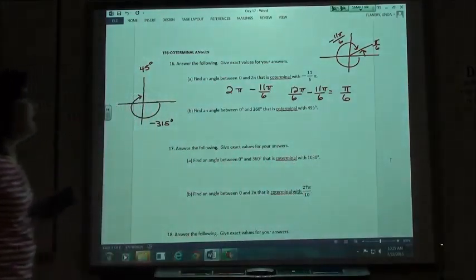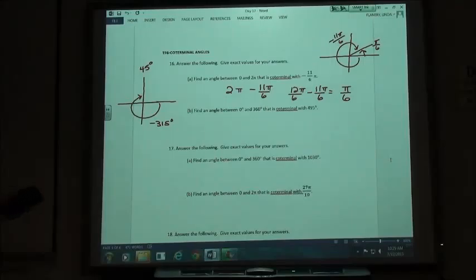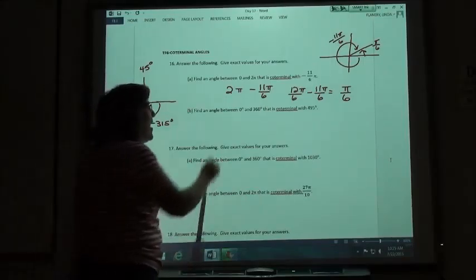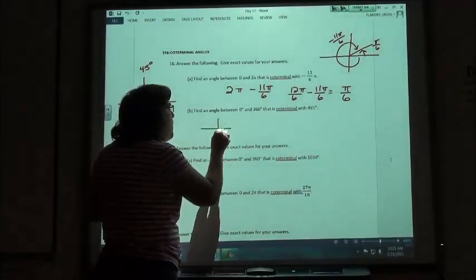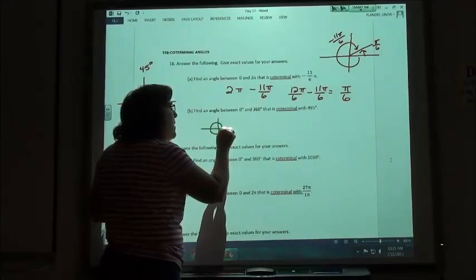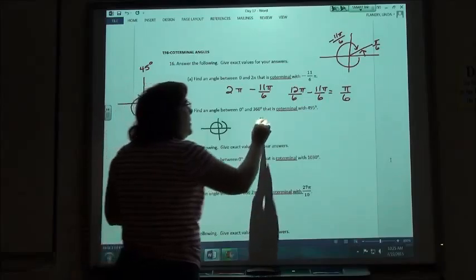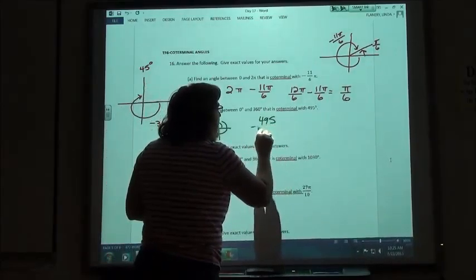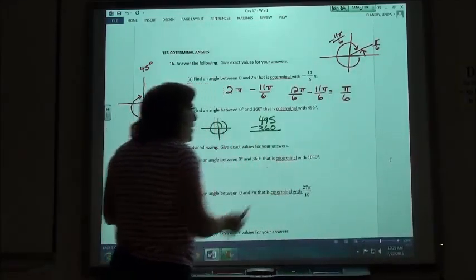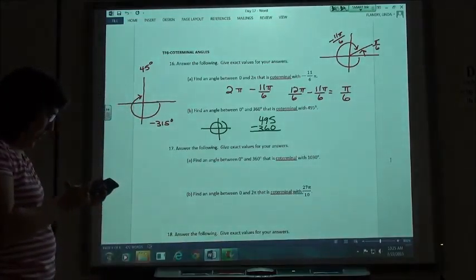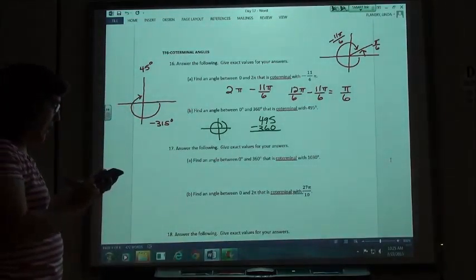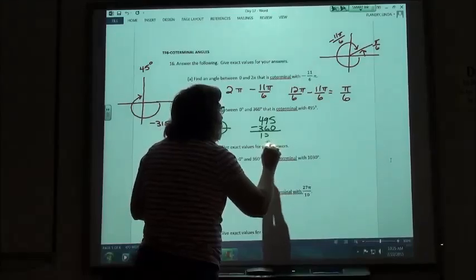So if I'm finding the angle between 0 and 360 that's coterminal with 495, what that's saying is I went around one whole time, but then I went around some more. Where do I end up? So I'm going to take the 495 and subtract the 360. Went around once. 495 minus 360 is 135.